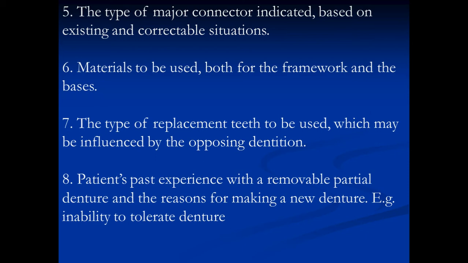Or if the edentulous span, the number of teeth we are replacing, comes to a single unit, we can always go in for a palatal bar. If it is a maxillary thing, we can always go with a palatal bar major connector. So depending upon how many teeth we are replacing and in what area of the arch, we can change the design of the major connector.